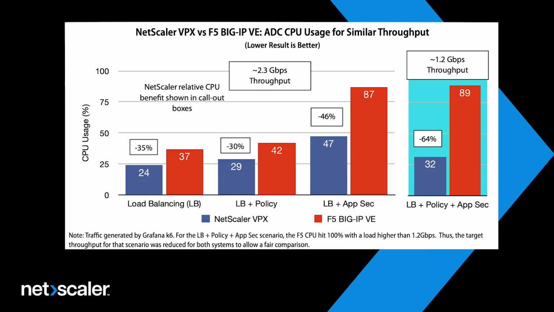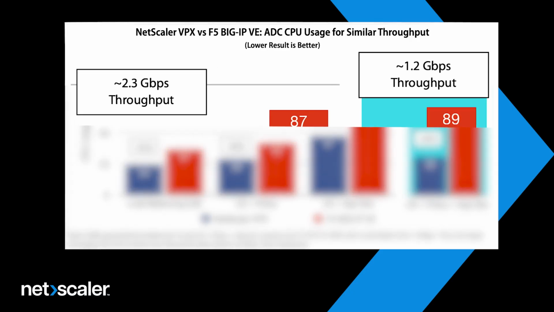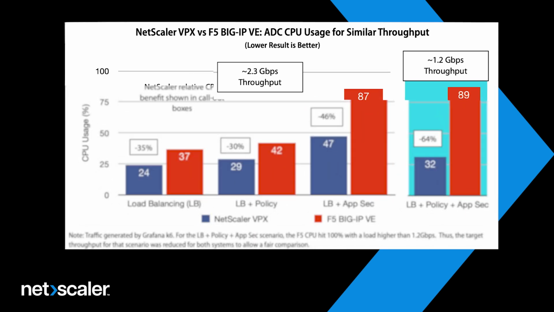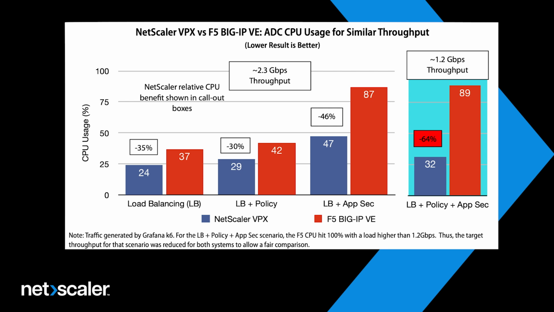The F5 device seemed to get really bogged down. So much so, in fact, that the test had to be moderated and the throughput reduced by 50% just so that F5 could complete the test. And when it did, the performance differential was a massive 64% less CPU utilization on the NetScaler.